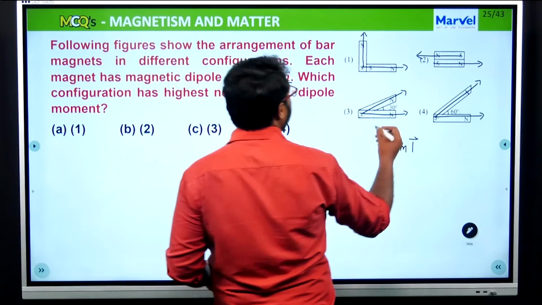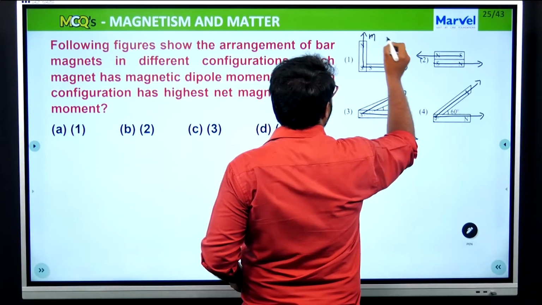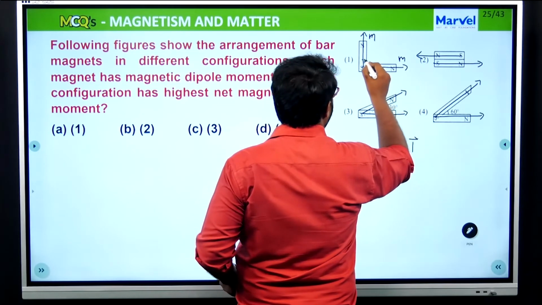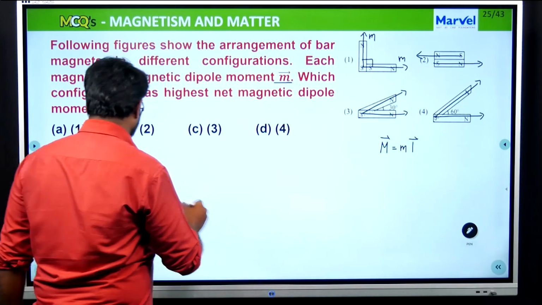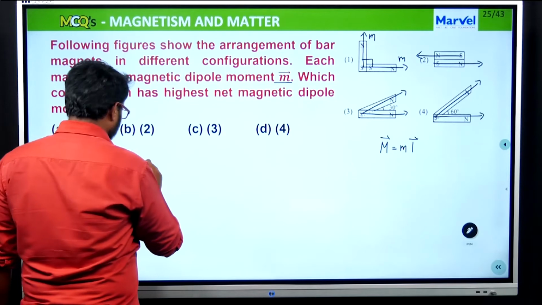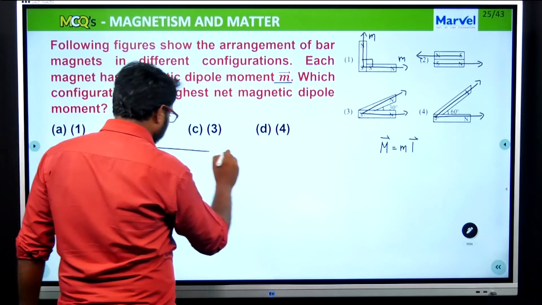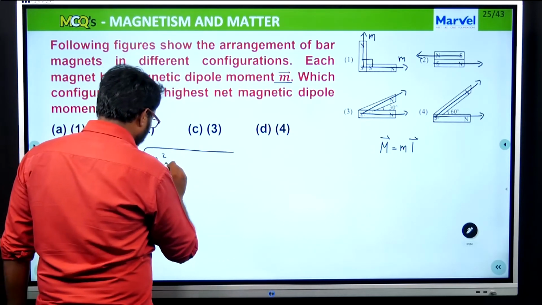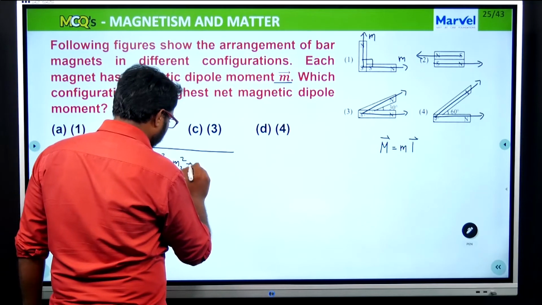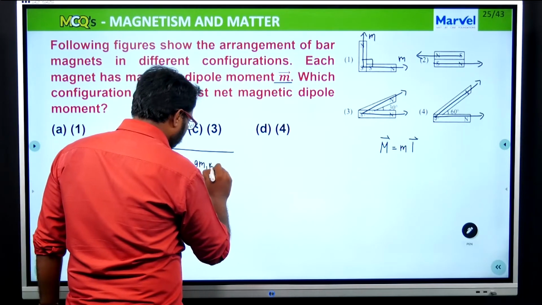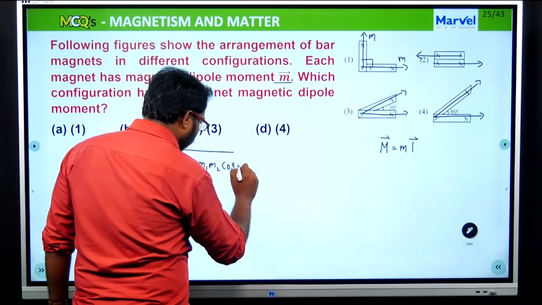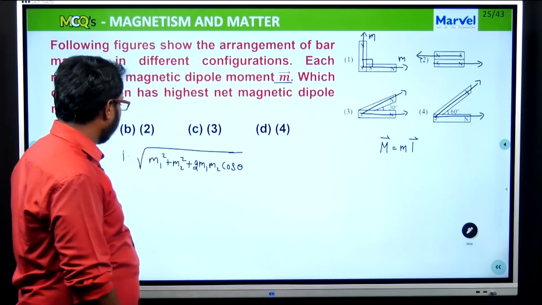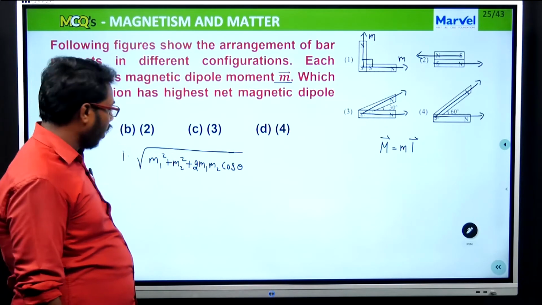Let me call this m and this m. The angle between them is 90 degrees. So the formula for the net magnetic moment is root of m1 squared plus m2 squared plus 2 m1 m2 cos theta.